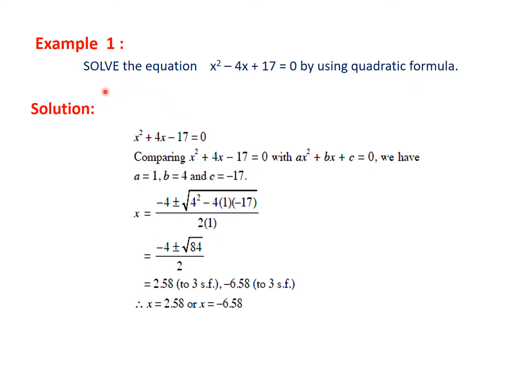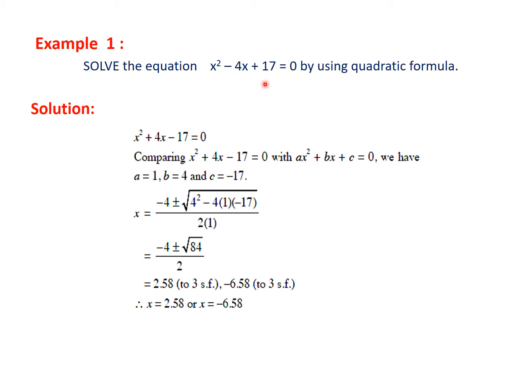Example 1. Solve this equation x square minus 4x plus 17 equals to 0. Here, keep in mind coefficient of x square is always taken as a. Coefficient of x is always supposed as b and this constant term is always taken as c.